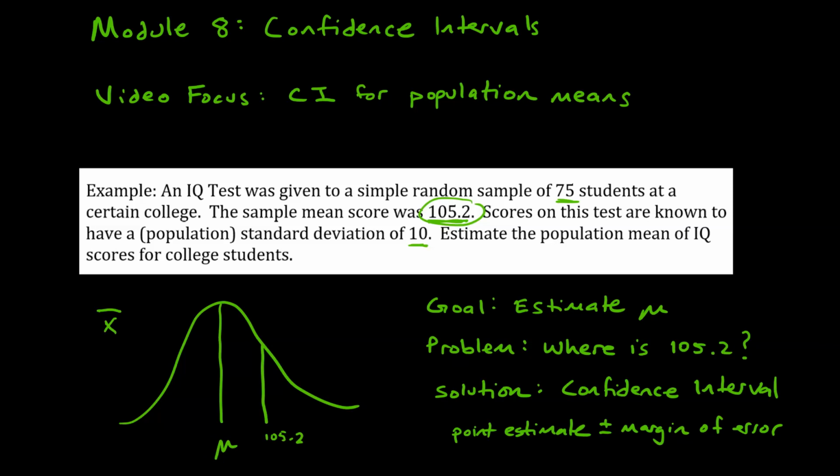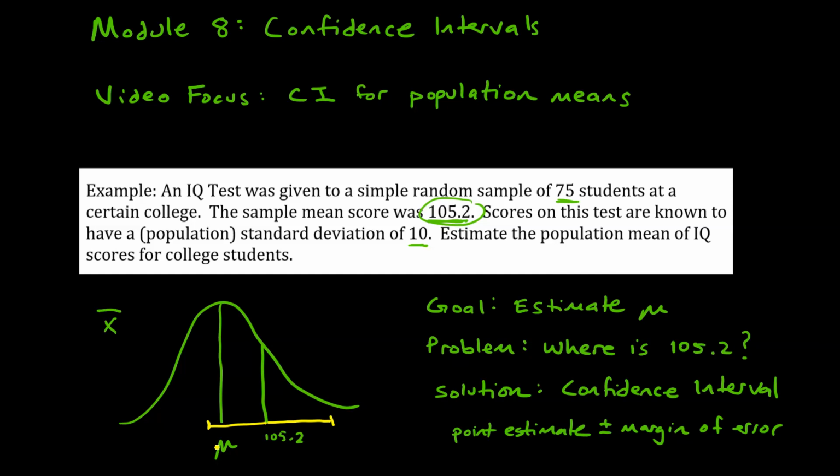And hopefully you can also see that if you went a certain margin of error on each side of that point estimate of 105.2 and you created an interval, then the interval would have a really good chance of including that true population mean. And that's the whole idea behind these confidence intervals. We're trying to create intervals where we will have a lot of confidence that the true population mean is going to be inside that interval.